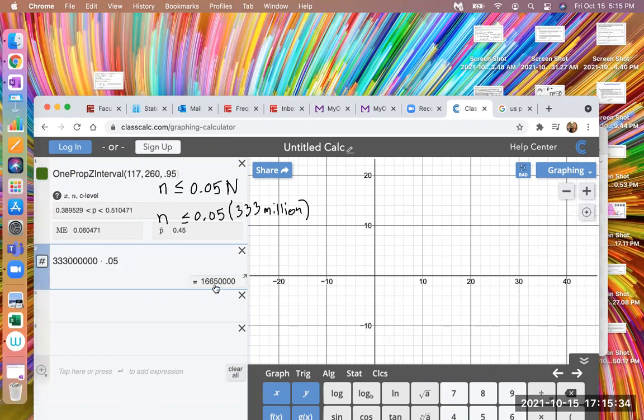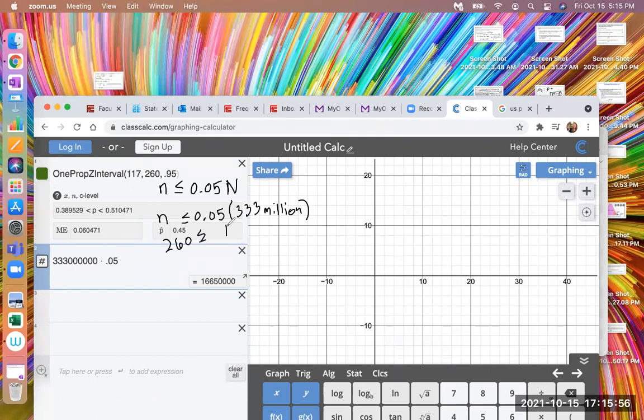So what I'm seeing here is 16 million. Definitely 16 million is going to be larger than 260.